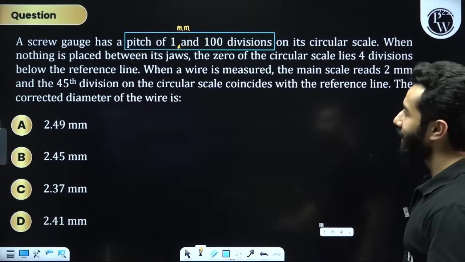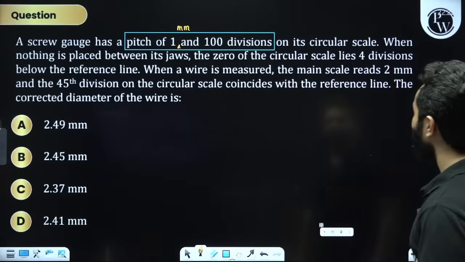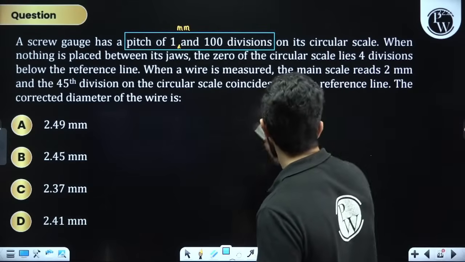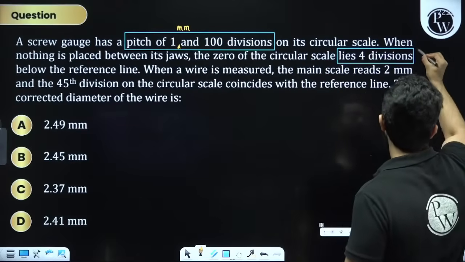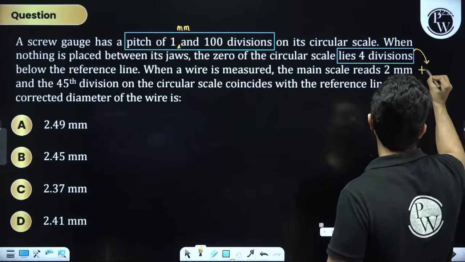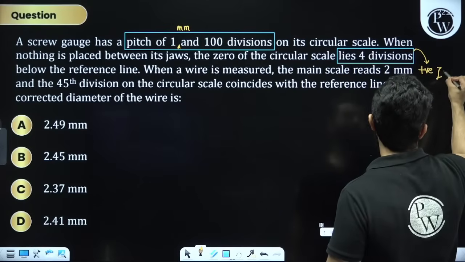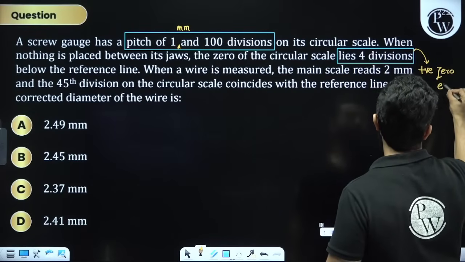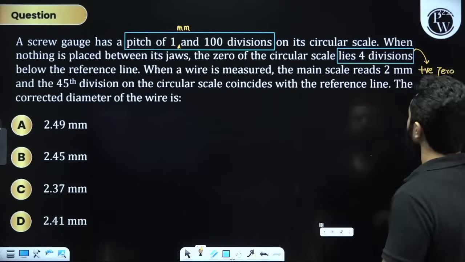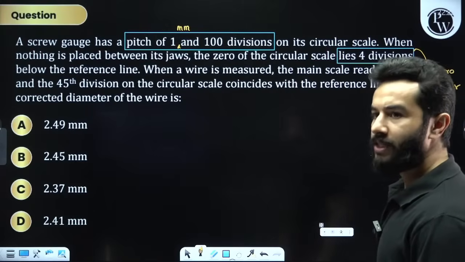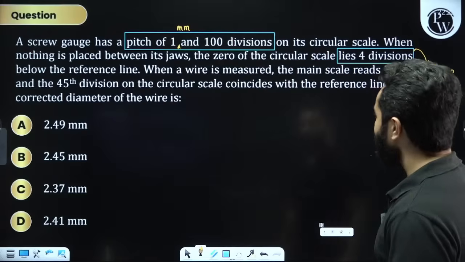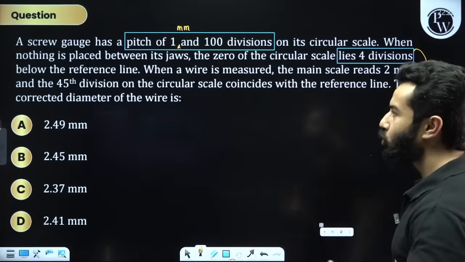When nothing is placed between its jaws, the zero of the scale lies 4 divisions below the reference line. That means it has got a positive zero error. Got it? When a wire is measured, the main scale reads 2 millimeter.